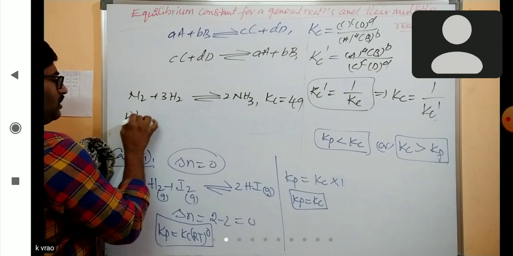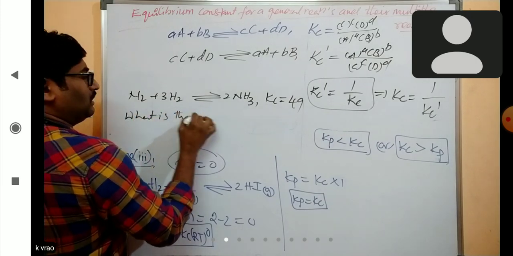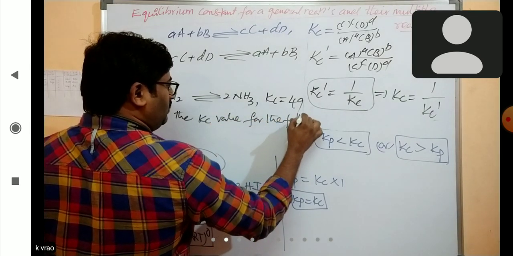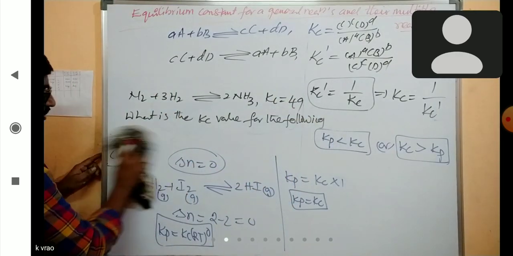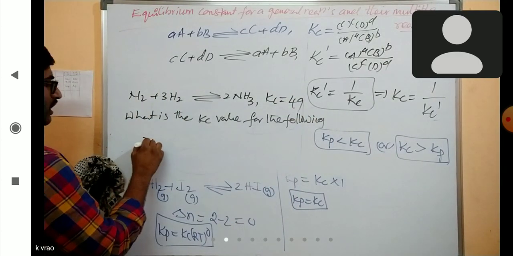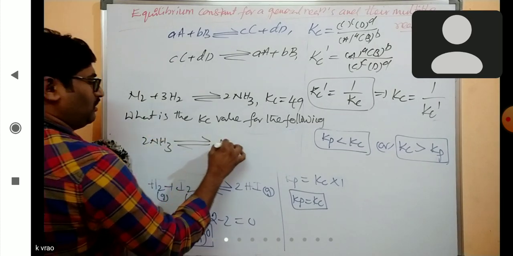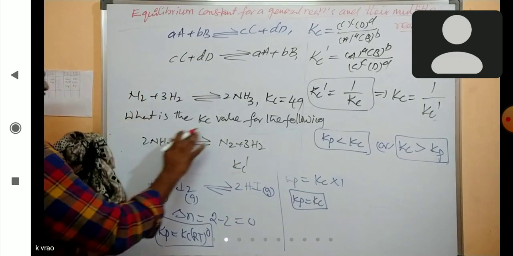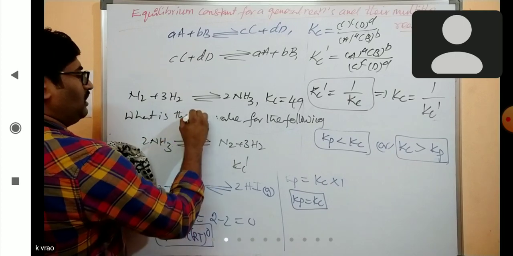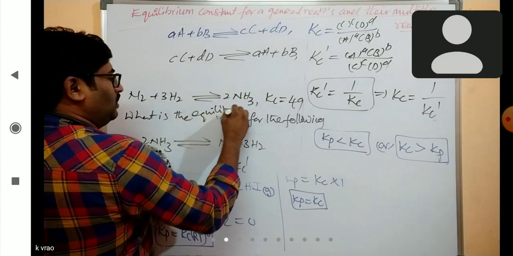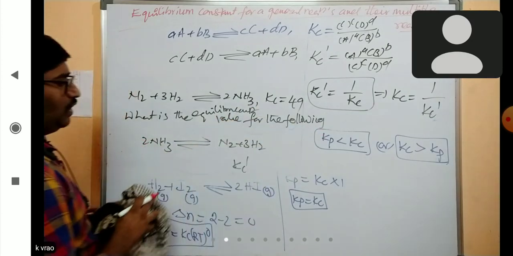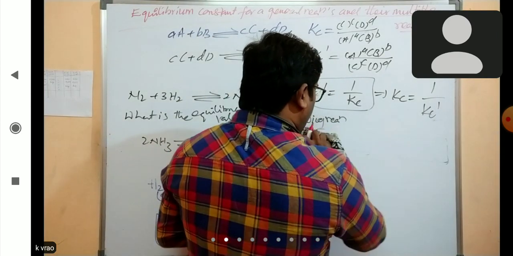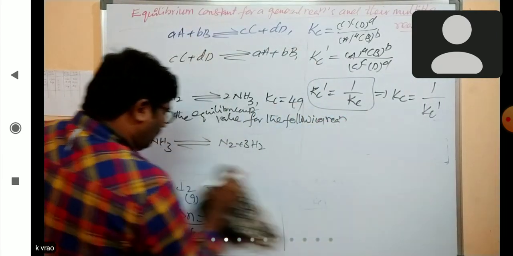Now what is the Kc value, the equilibrium constant value, for the following reaction: 2NH3 gives N2 plus 3H2, Kc prime?